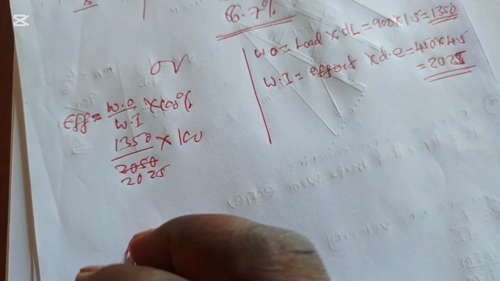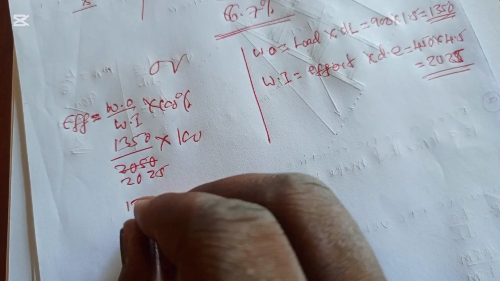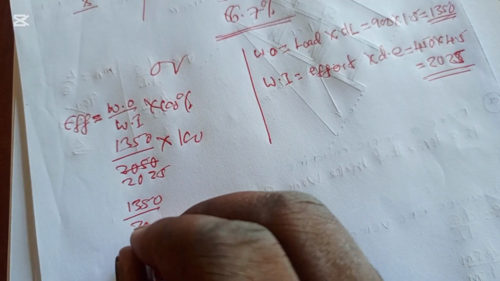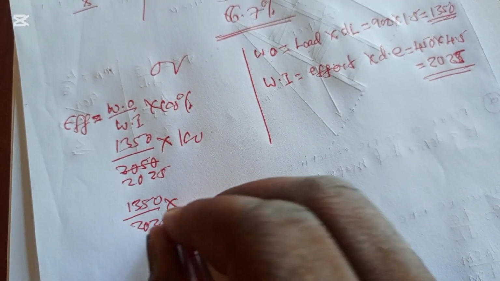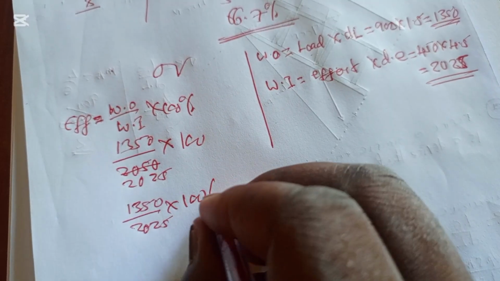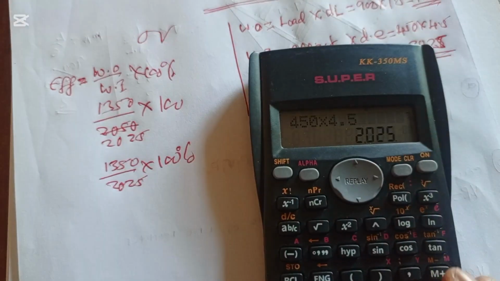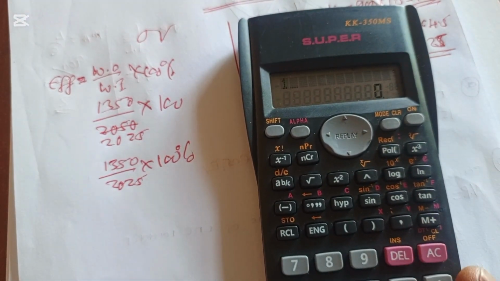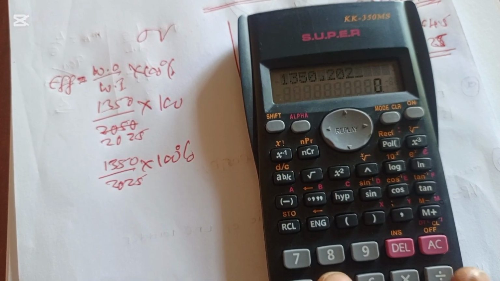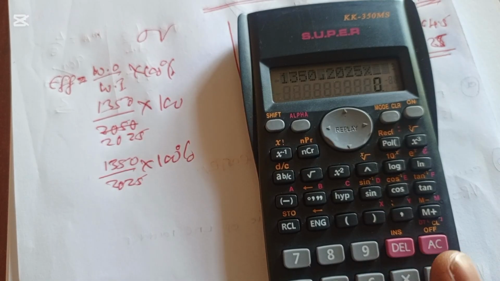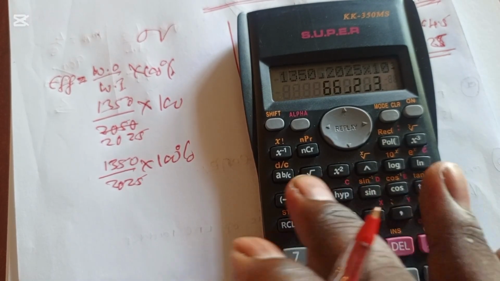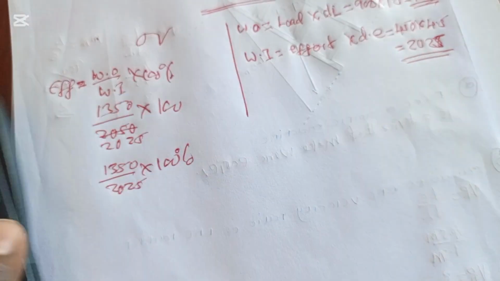Okay, so let me write it over here. So 1350 over 2025 times 100 percent. So try to calculate this on the calculator, and as you can see, we get the same answer, which is 66.7%.